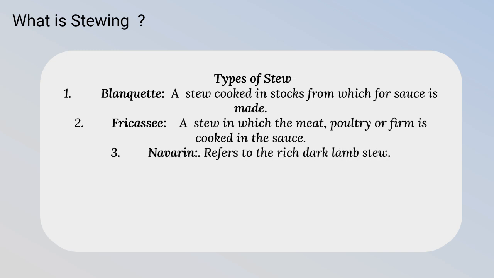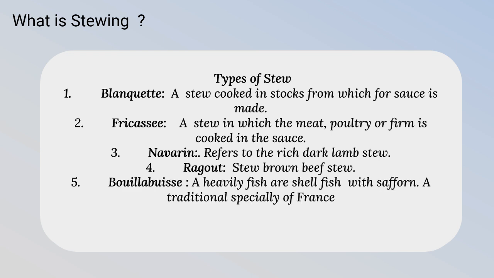Fowl means farm birds. Navarin refers to a very rich, dark colored lamb stew. Ragout, a brown stew made out of beef. Number five is bouillabaisse, a heavy fish and shellfish stew made with saffron, a traditional specialty of France.